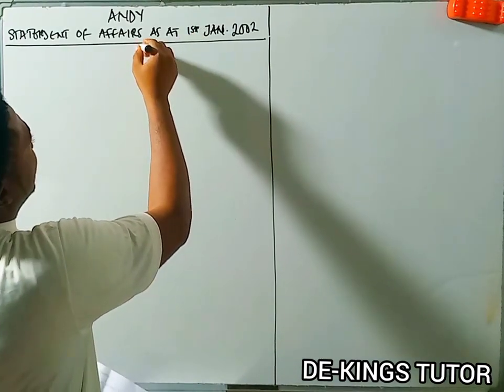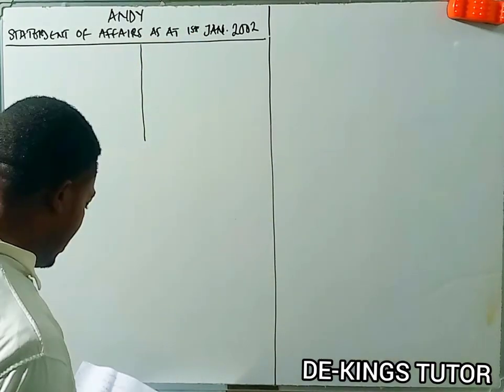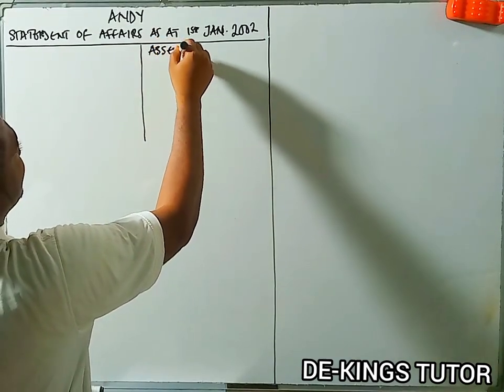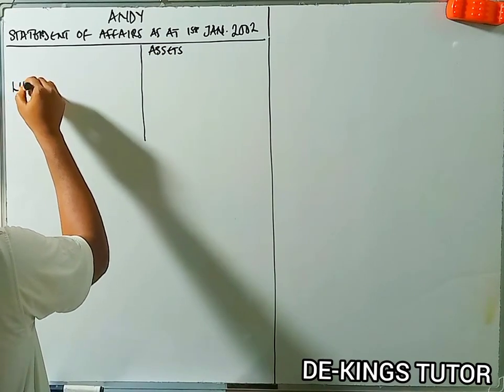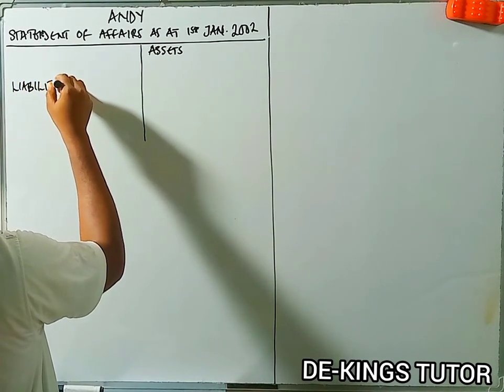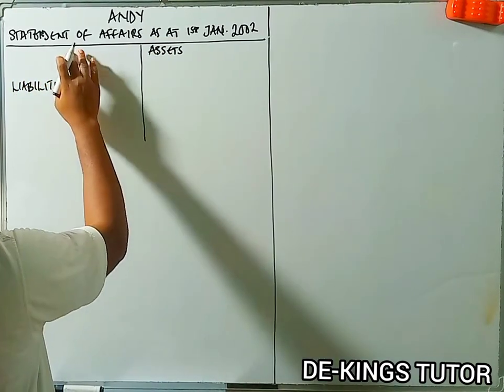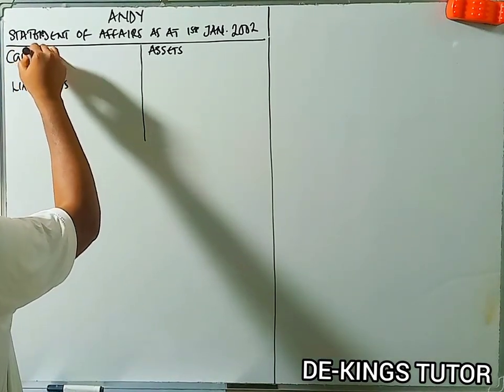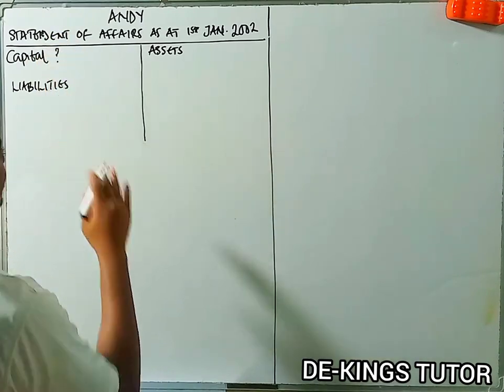Please don't forget that in case of exam conditions. We are going to post all items that belong to assets here, while items that are liabilities go there. The balancing figure is what will give us the capital, so the capital is the essence of preparing this.